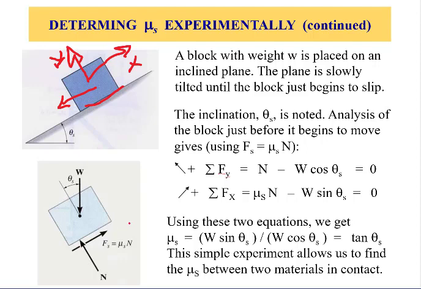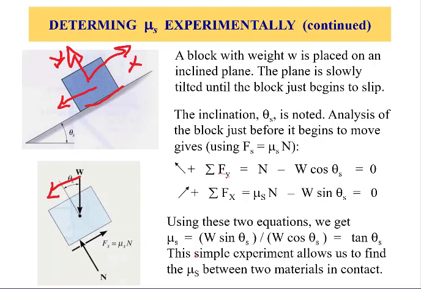Second, the summation of forces in x equal to 0, so we'll have the component of W, which is going downward, opposite to the x, so it's W sine theta, and it's negative, plus mu s N, and that's equal to 0.